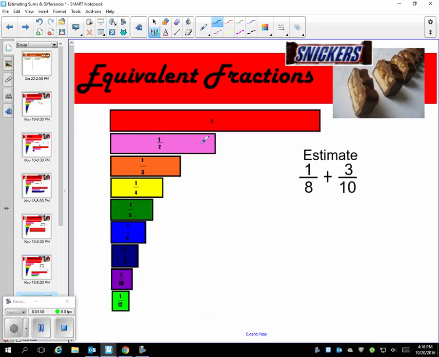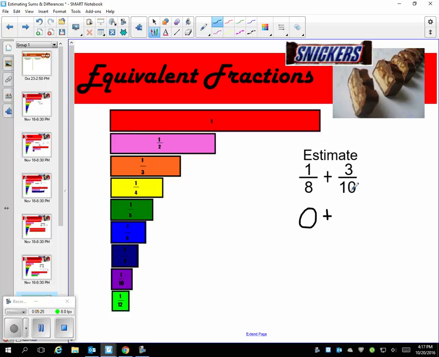All right. Let's do another one. 1/8. What would you estimate that to be? So let's put our fraction strips away for right now. 1/8. Is that closer to 0, half, or whole? Well, I know that half of 8 is 4, so 4/8 would be a half. So I'm going to say that's closer to 0. All right? 3/10.